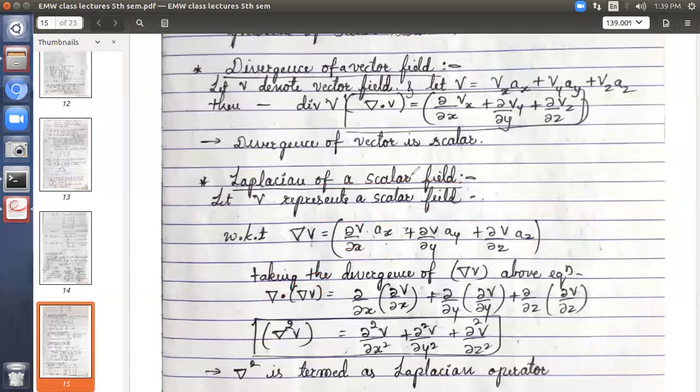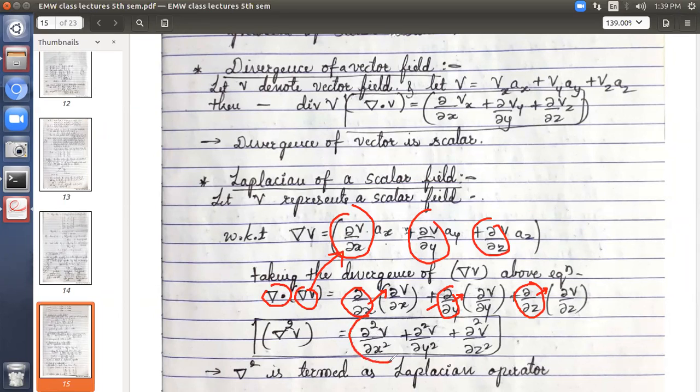you understood this? Del dot. Del is dou by dou x, dou by dou y, dou by dou z. And this already we have got. So whatever values are there, just apply this to these partial derivatives. Then what is dou by dou x of dou by dou x? That is a square you will get, right?